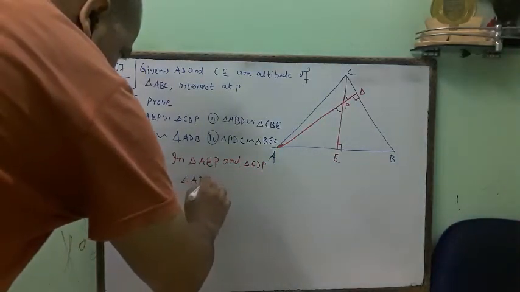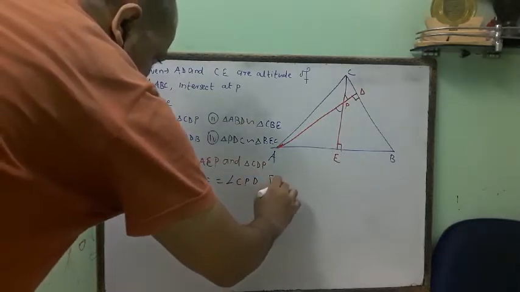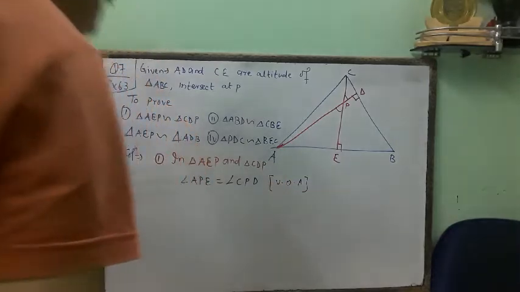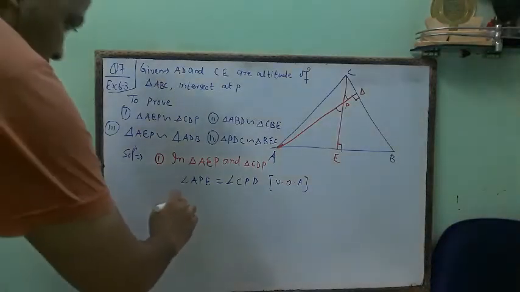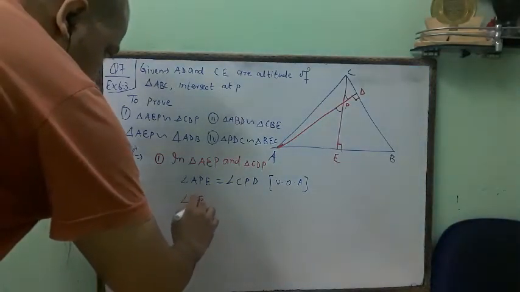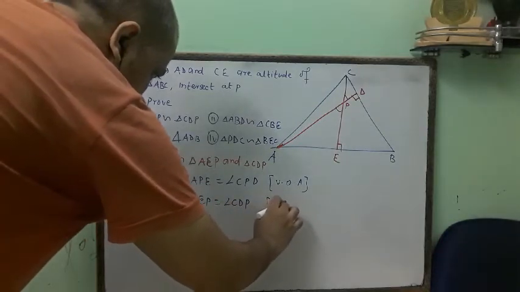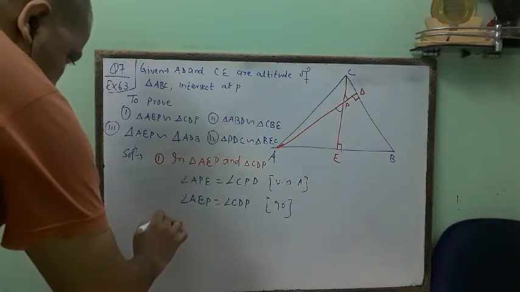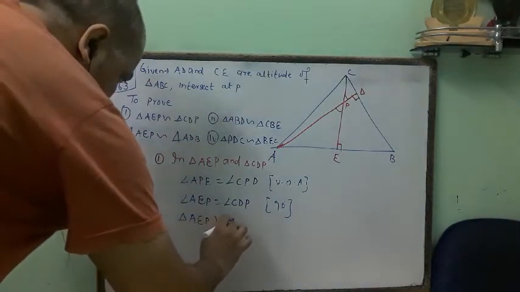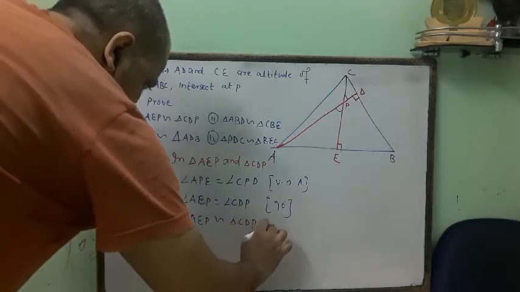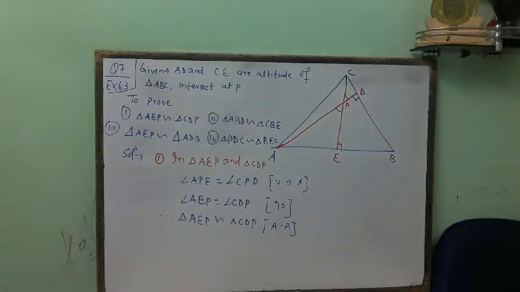Angle APE is equal to angle CPD, that is vertically opposite angles. Now the next angle will be 90 degrees. So angle AEP is equal to angle CDP, that is equal to 90 degrees. Now two angles are equal, therefore triangle AEP is similar to triangle CDP by the AA criterion. This is the way to prove this one.